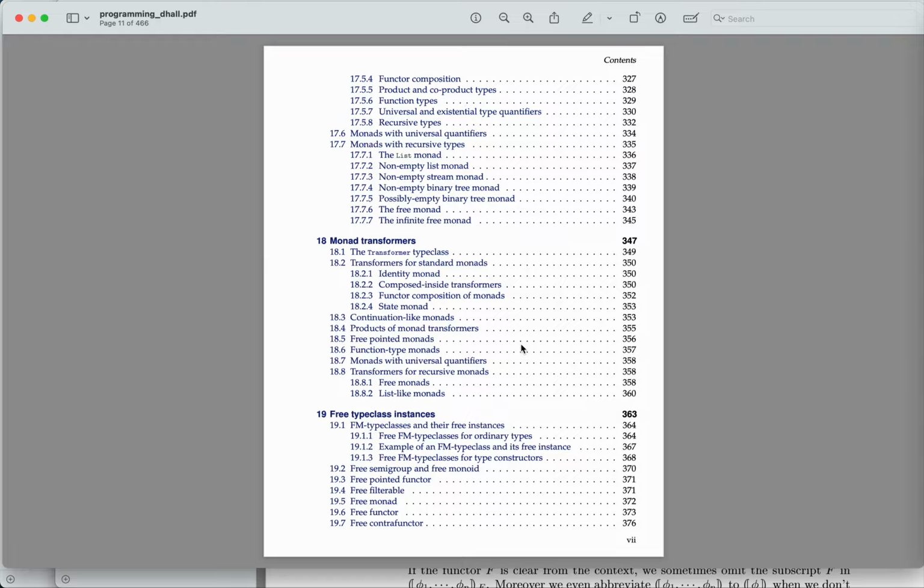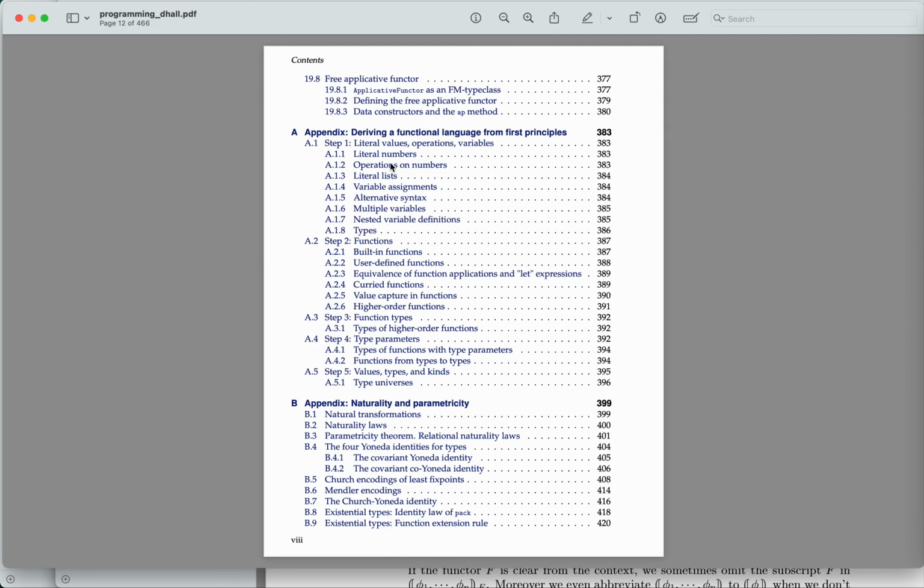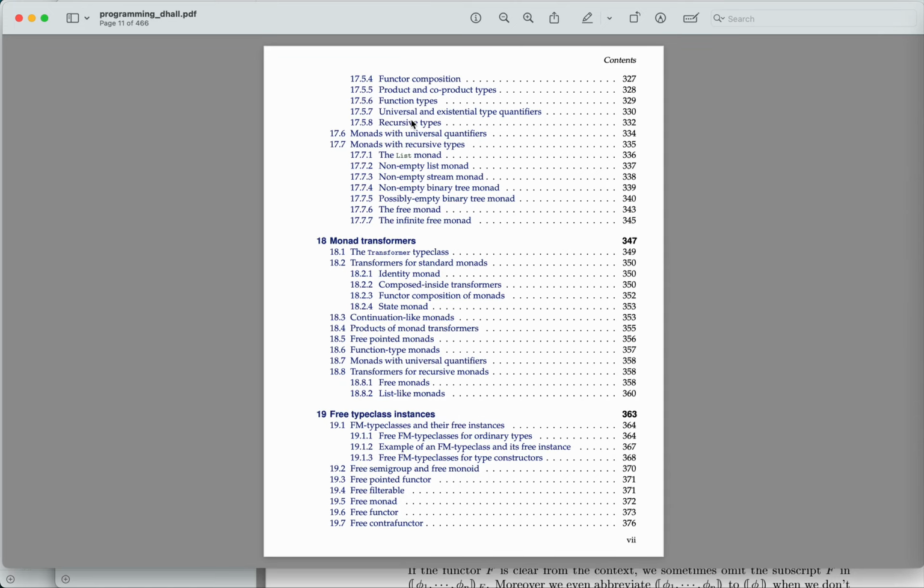So this is what I've done, and you can do this. It turns out you can do this. You can implement all sorts of non-empty binary tree or non-empty list, non-empty stream, possibly empty binary tree, all kinds of things you can implement. And finally, I talk about free type class instances. So this is also an interesting topic which I explore here, how to do free functor, free monad, free applicative functor, free this and free that.